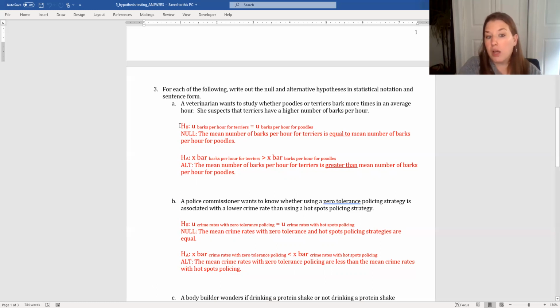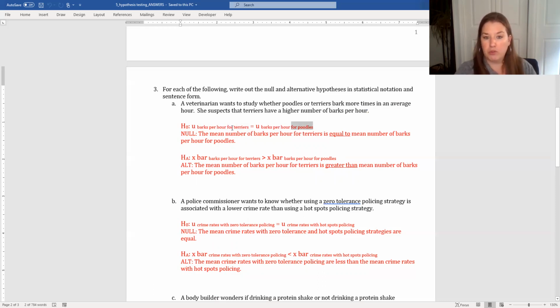So here we're saying the null hypothesis is that the mean number of barks per hour for terriers is equal to the mean number of barks per hour for poodles, right? We're making a comparison across the dependent variable for each group of the independent variables. So if you're having trouble figuring out what to put for each of these groups, know that you always first start by writing out your H0, write out your mu, and then the first thing you write is your dependent variable for each, here barks per hour, and then afterwards how your independent variable breaks down into two groups, right?